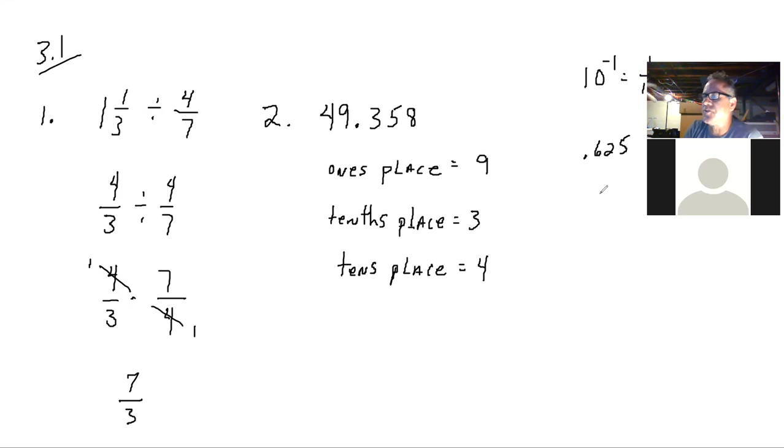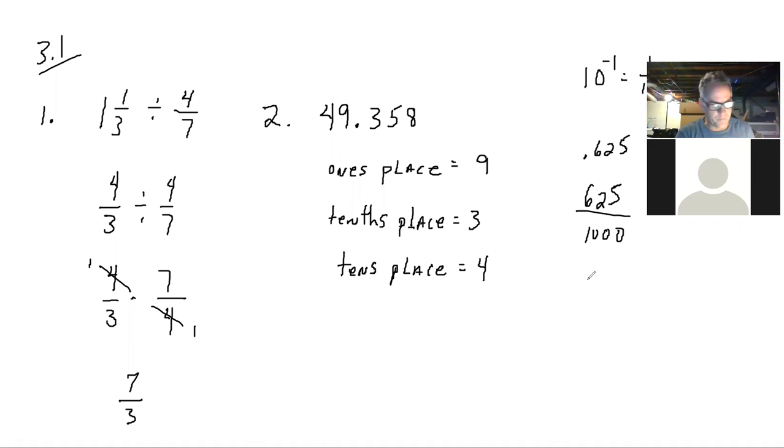So if you had 0.625 and you were going to write this as a fraction, first count up your place values. This is in the thousandths place. That is 625 over 1,000, because you would have tenths, hundredths, thousandths place. So it's a fraction, 625 over 1,000. But then you just need to reduce this as much as possible.